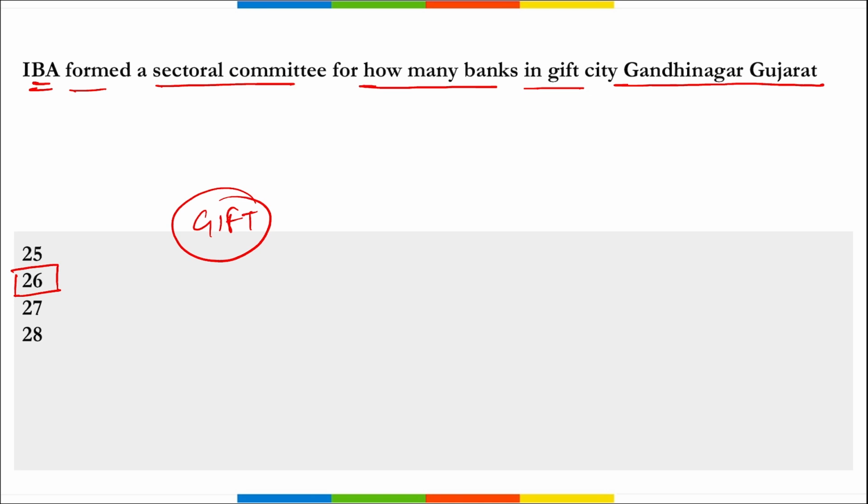The committee is intended to function as a bridge connecting the banking sector and various regulatory bodies so that effective communication can be done between them. Remember why this sectoral committee was formed. It is to differentiate regulatory guidelines between the banks operating within GIFT City and those outside.